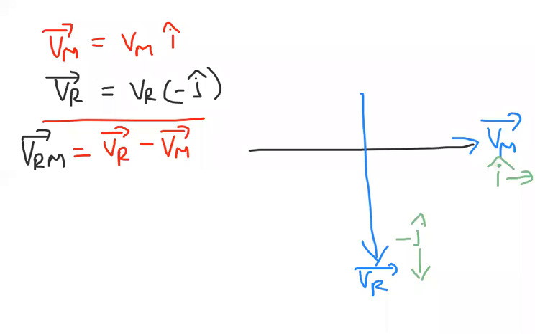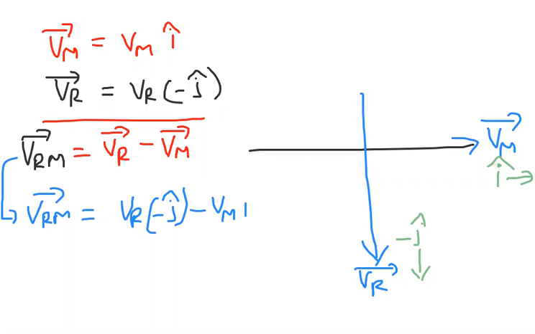So here VRM bar is equal to VR bar minus VM bar. What is VR bar? VR into minus j cap, minus VM into i cap. I just substituted the VR value and VM value here.